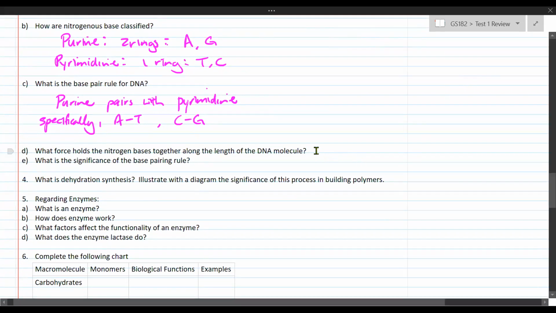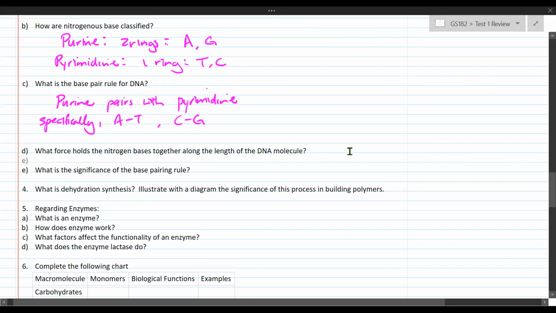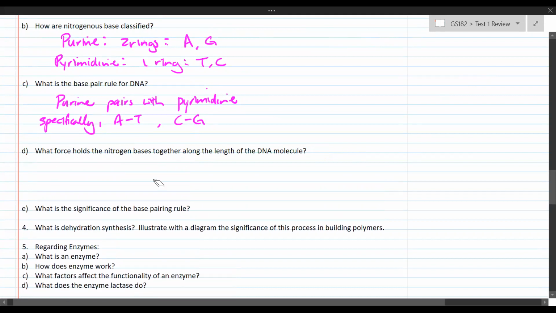What force holds the nitrogen bases together along the length of the DNA? Well, I told you earlier. It is the hydrogen bond.